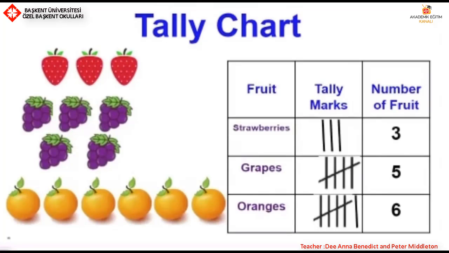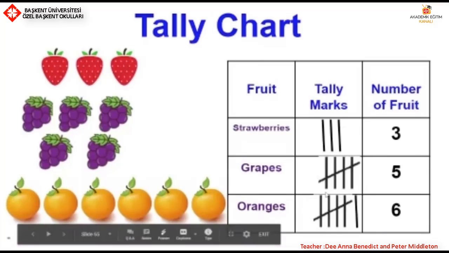Now, for our tally chart, we can put 3 tally marks for the 3 strawberries, this tally mark for the 5 grapes, and these tally marks for the 6 oranges. 1, 2, 3, 4, 5, 6.